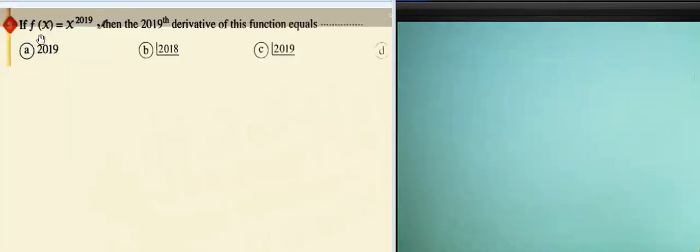Question 9. F of x equals x power 2019, then the derivative number 2019 of this function will be factorial 2019. Why? Look here.